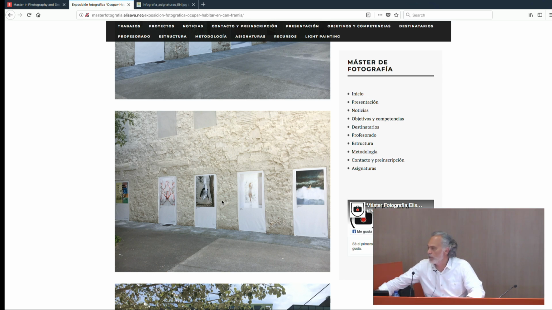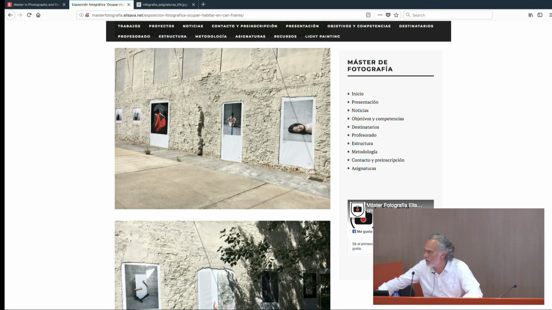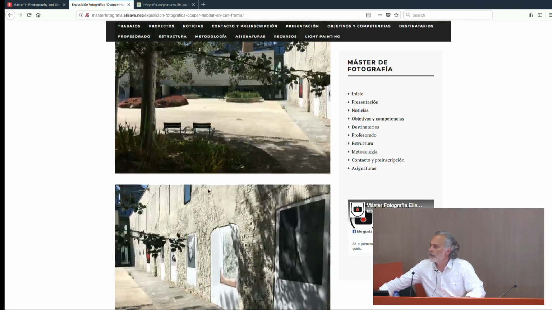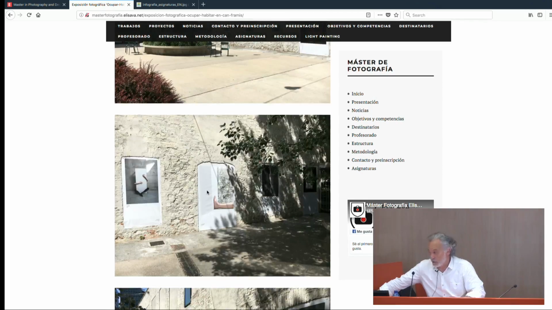So they are very performative images, some of them quite simple in terms of composition, but highly conceptual with a strong idea. And this takes a few months too.